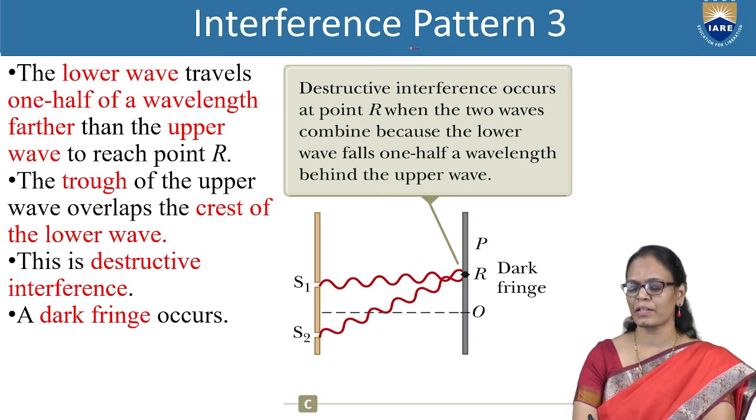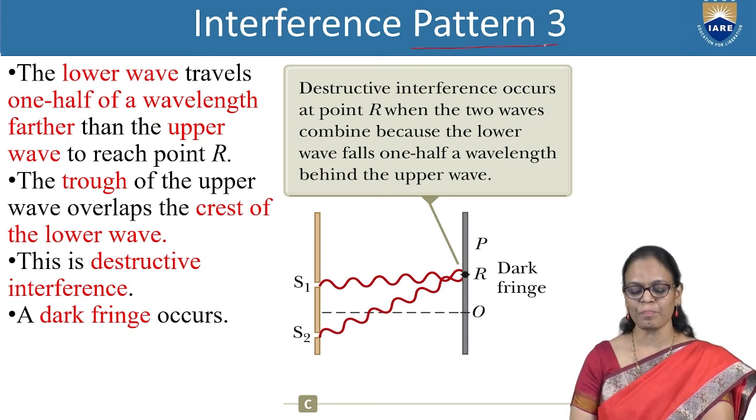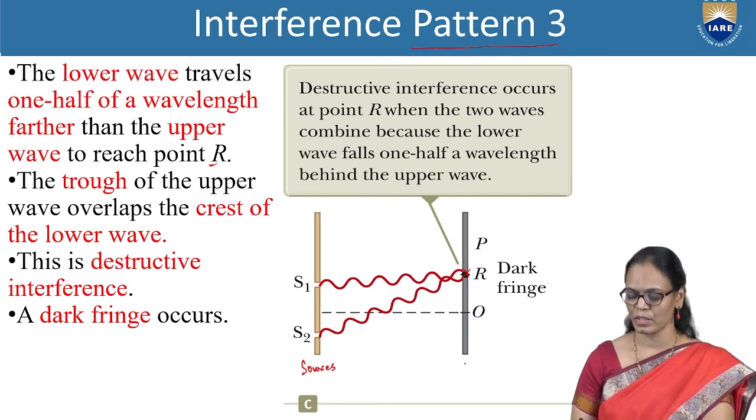Now we see the pattern 3. In pattern 3, the lower wave travels 1/2 wavelength farther than the upper wave to reach the point R. We are taking another point R. Now if you see here, these are the sources which are sending out waves. This is the screen and this is the wave coming from S1 and reaching the point R. This is the point it reaches.